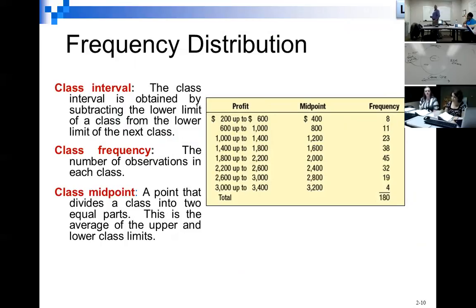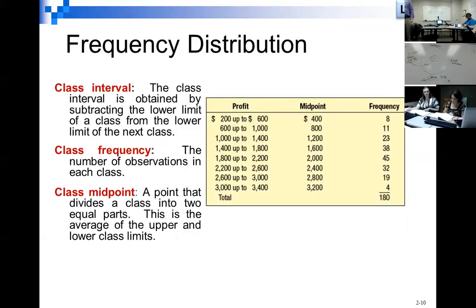Okay, the class interval is obtained by subtracting the lower limit of a class from the lower limit of the next class. Once I get this range, I know that my interval is $400.